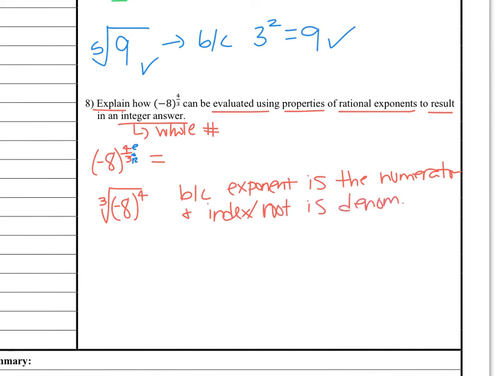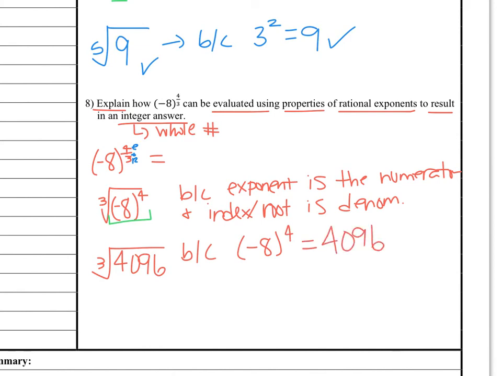Okay? All right, now what we want to do is evaluate this right here, throw that right into your calculator. So negative 8 to the 4th power, if you do that, ends up becoming 4096. So we know negative 8, when you raise it to the 4th power, is equal to 4096.